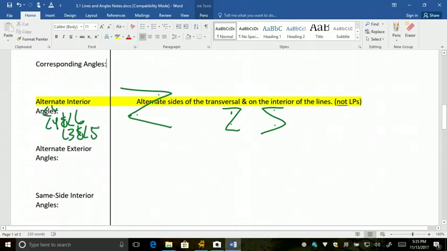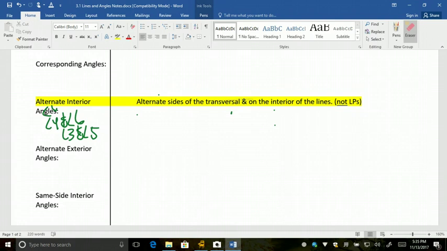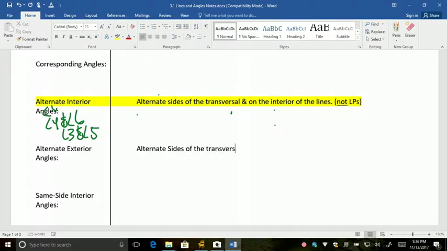Alternate exterior angles are on the outside of the Z, but it might be easier to identify them simply by looking for the exact wording. They're on alternate sides of the transversal, and they're on the exterior.